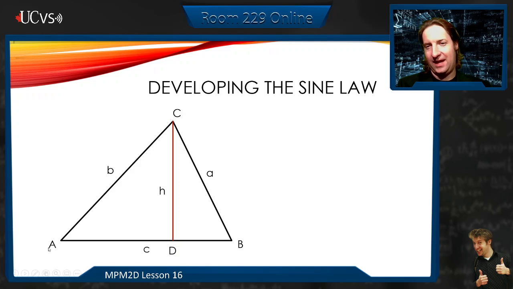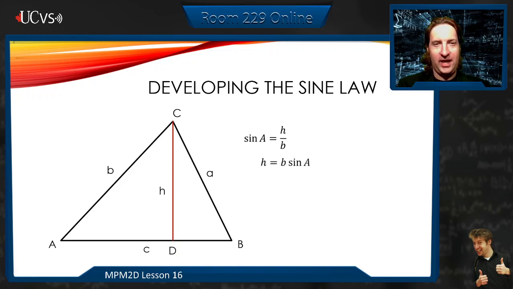For this angle A over here, I can label side H as the opposite of that angle. And if I divide it by B, the hypotenuse, I have the sine ratio. So the sine of the angle A is equal to H, this altitude that I constructed that's opposite of A, divided by B, the hypotenuse of the triangle I created.